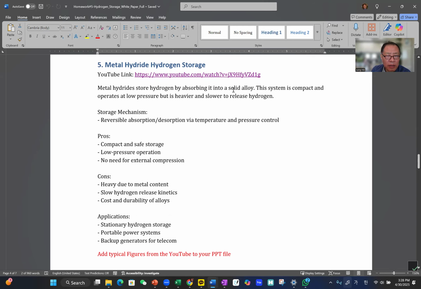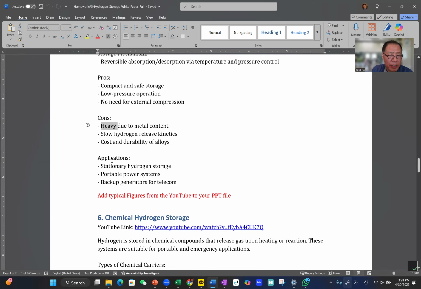Anyhow, there is still a lot of research going on. Why? Because this is a very safe storage. We don't have to worry about explosion. The hydrogen is already inside the metal, and all you need to do is release the hydrogen from the solid. But again, it's very heavy and so on.